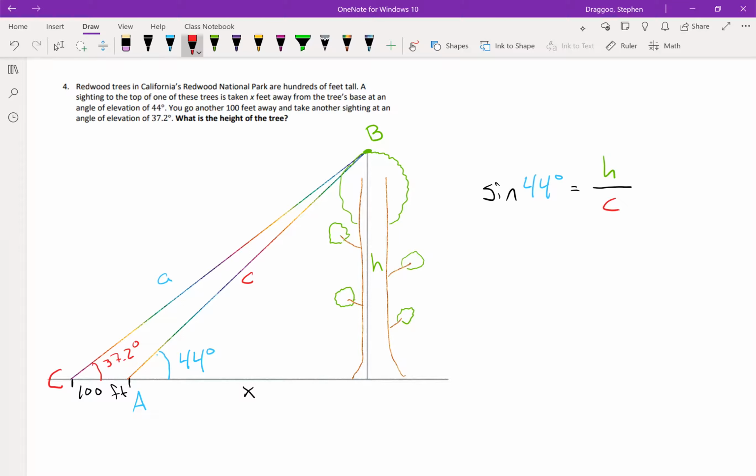So if I knew the length of C, then I could solve for the height. So that's going to become our new mission: first find the length of C, and then I can substitute it into this equation to find the length of H. So let's go about doing that.